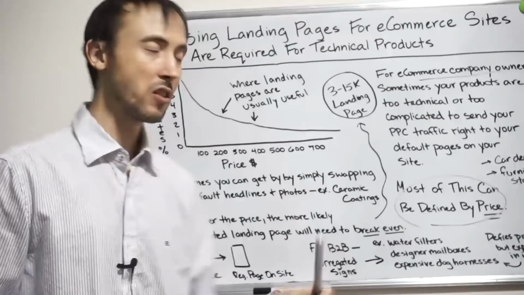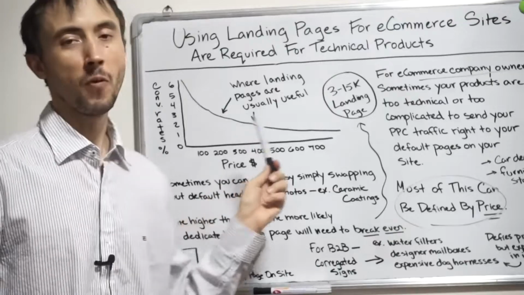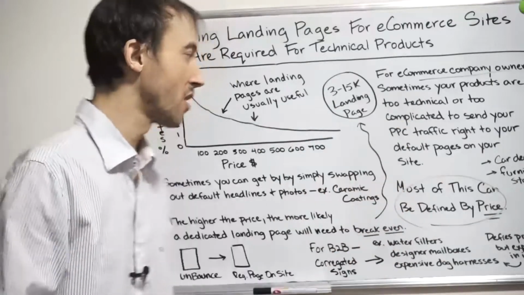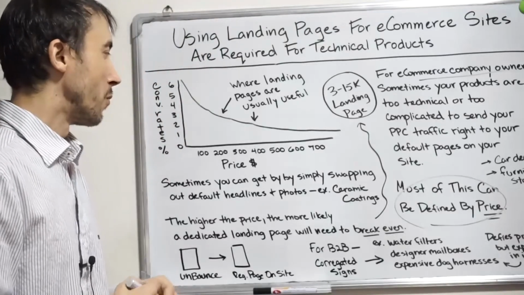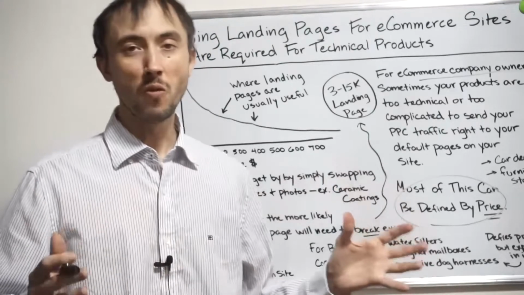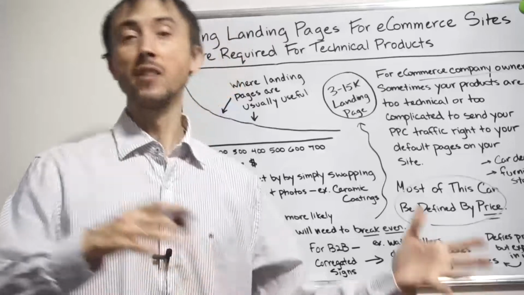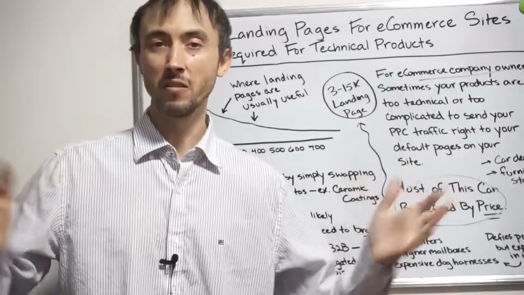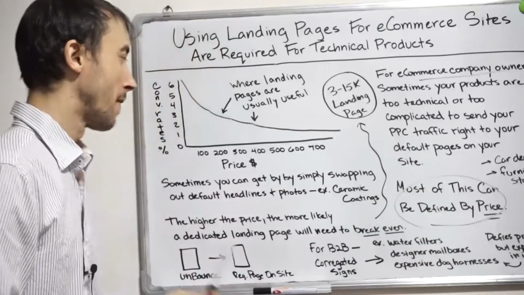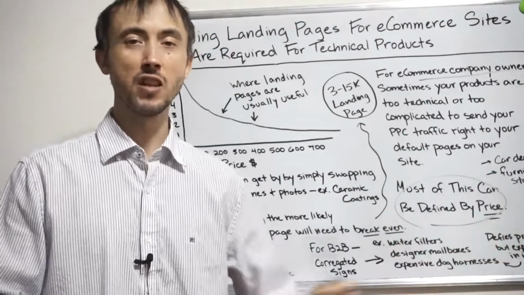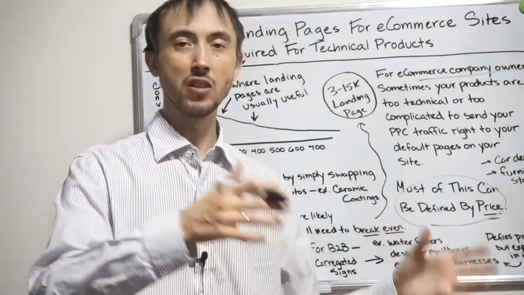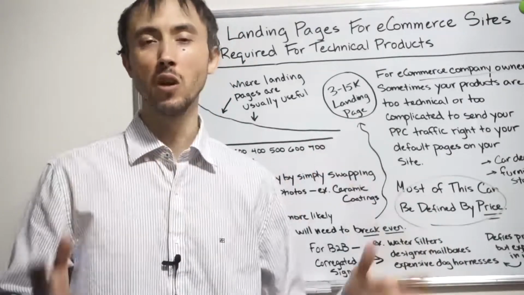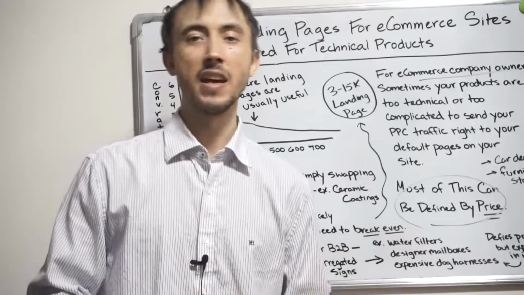As far as the landing pages go, if you're in the $400 plus category in terms of what you're selling, or it's just a super overly unknown as well as technical product, or just a super complicated, weird technical product in general, you're going to go with the custom landing page that's not just a copy of the page you're taking people to on your site now, but a totally new page with a totally new radical layout.